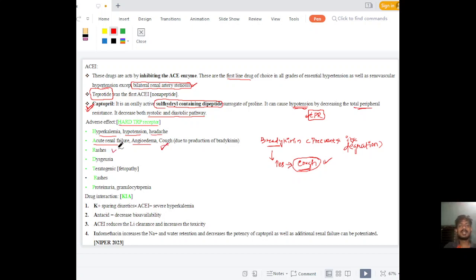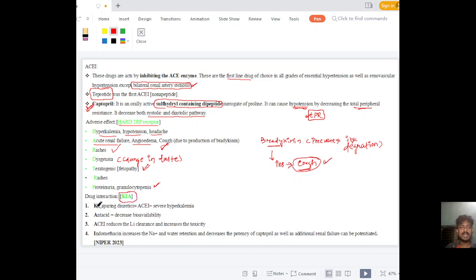Other than that, rashes, dysgeusia, meaning a change in your taste, then teratogenicity, proteinuria and granulocytopenia. If we talk about its drug interactions, you can remember by the mnemonic KIA.